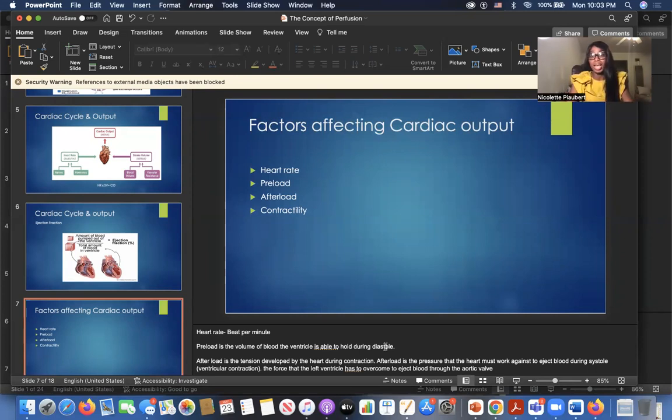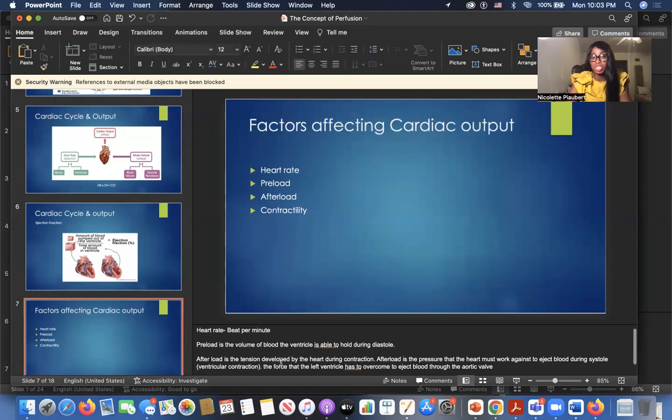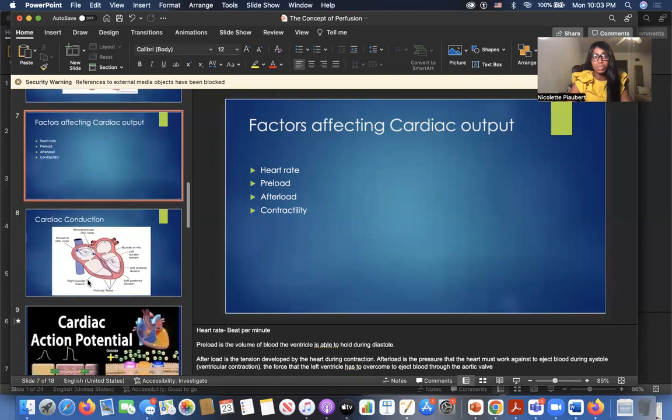Before the contractions happen, we have diastole. We have preload, and the afterload is the tension developed by the heart during contraction. So it's the pressure, the tension that the heart has to push against in order to get the blood going. That is the afterload.